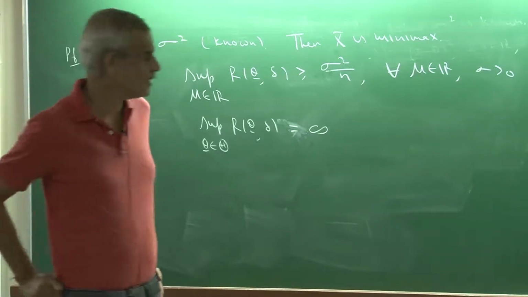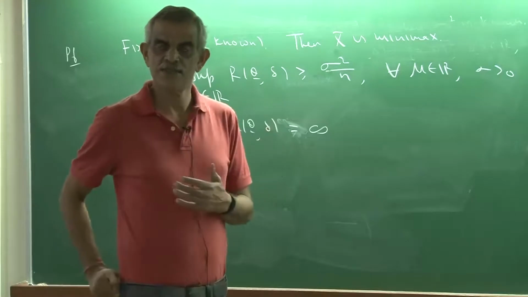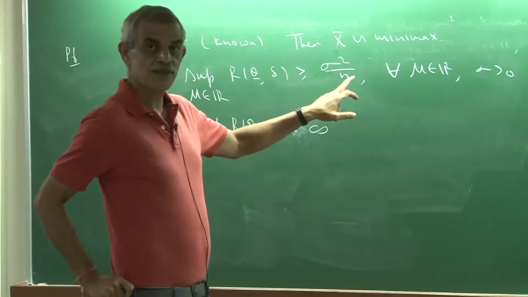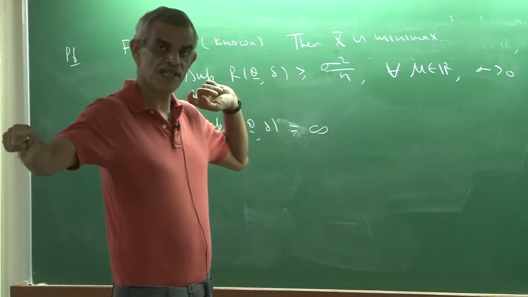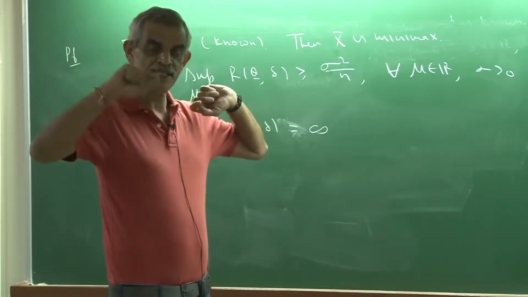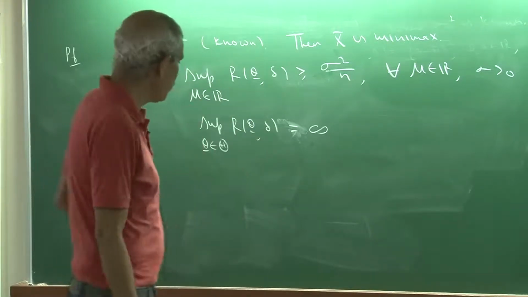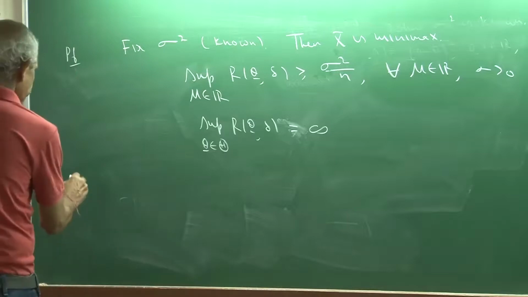Then can I say that still all estimators are minimax? And the answer is no, because if I know that sigma square cannot explode beyond a certain limit, or in other words it is bounded above by c, then I may be able to get a minimax estimator. But before that, let me do this result.